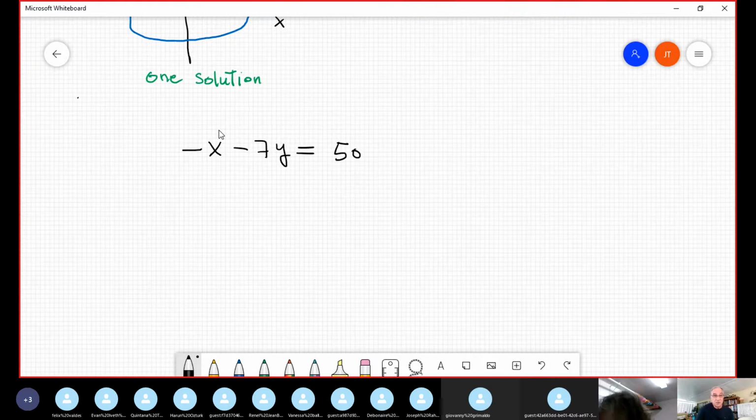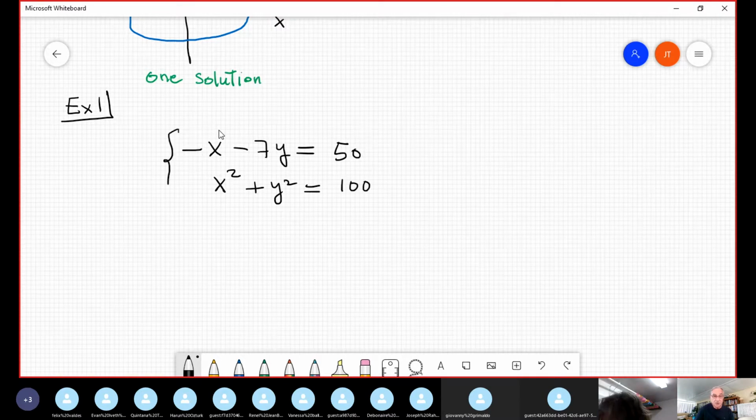Suppose this is example one. Remember, the only methods that we studied for solving linear systems of equations in the last class were substitution or elimination.